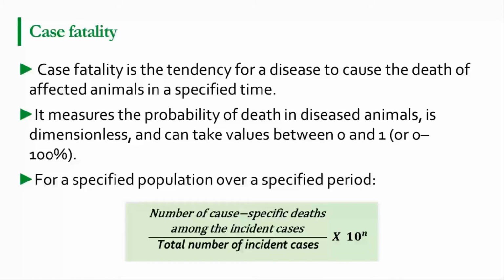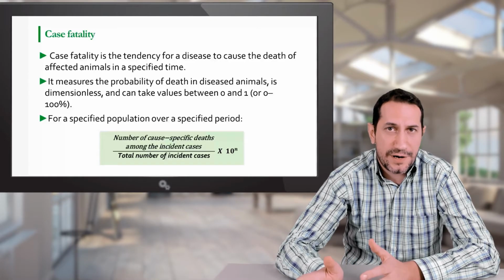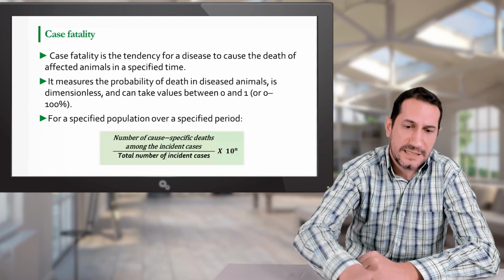The calculation is the number of cause-specific deaths among the incidence cases, so among the infected, diseased animals, over the total number of incidence cases, which is the total number of diseased animals. It's a measure of severity of illness, and it's used to estimate how grave the situation with the disease is.